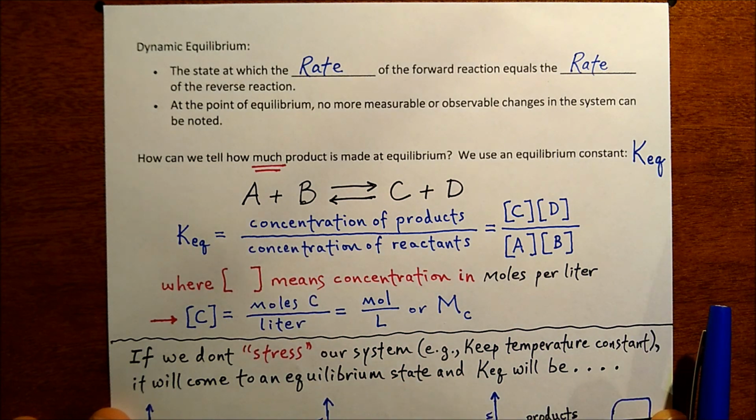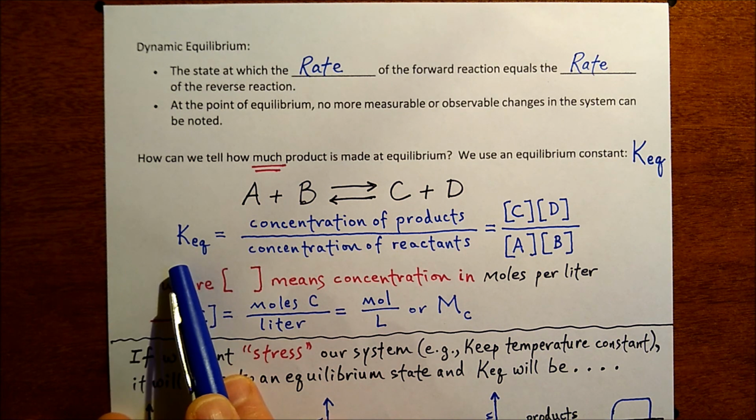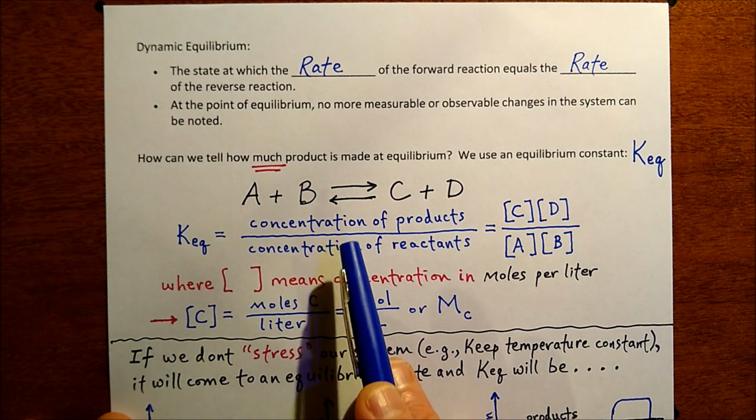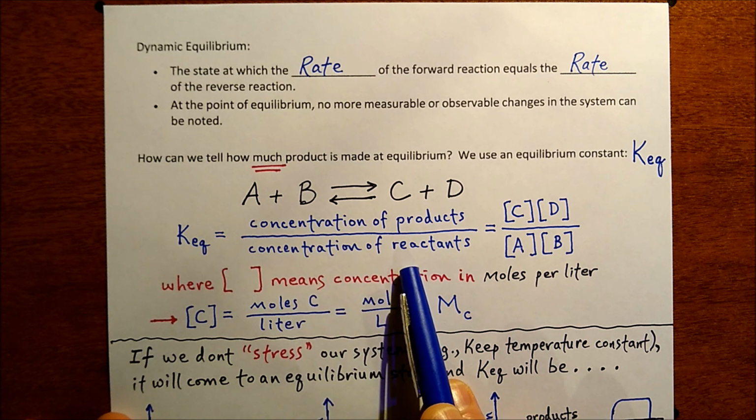How do we represent that situation? Well, we have a capital K that we use, not a lowercase k, capital K. That represents the equilibrium constant. It's defined as the concentration of the products divided by the concentration of the reactants.